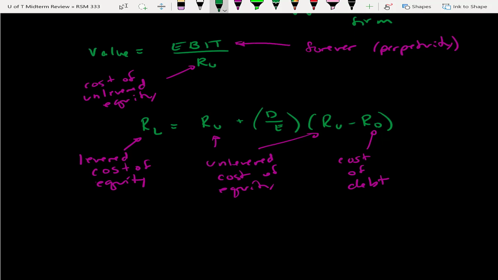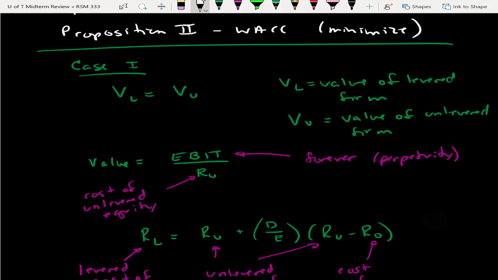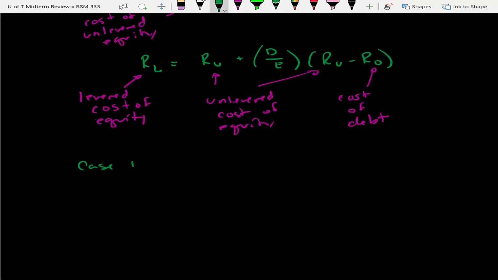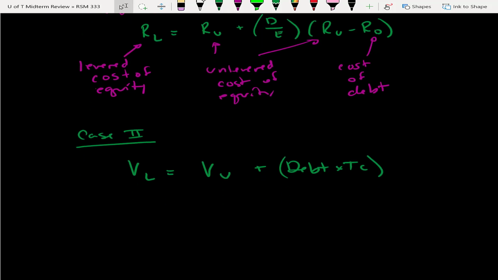And the formulas for case 2 are as follows. The value of a levered firm is the same as the value of an unlevered firm plus debt times the tax rate. And this is called the tax shield. The key thing here is it's not debt times the interest rate times the tax rate, because that would be 1 year of savings.